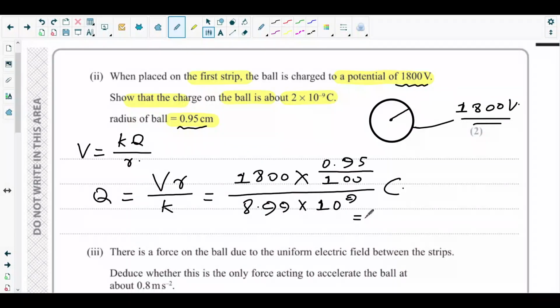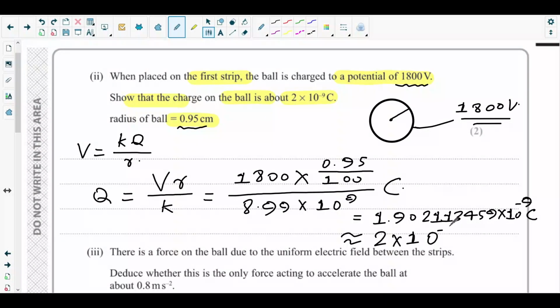That will give you 1.902113459 times 10 to the power minus 9 coulomb. Which can be written to one significant figure as 2 times 10 to the power minus 9 coulomb. That's it. Fine.